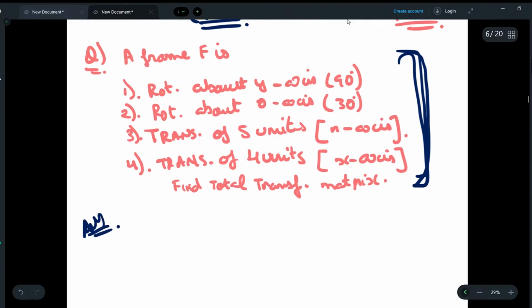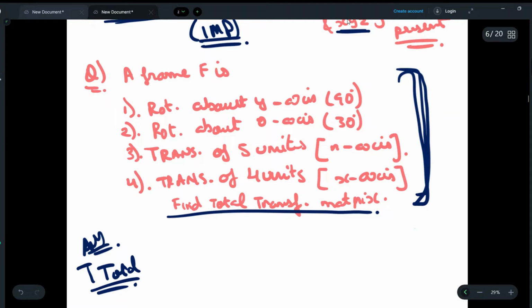We have to find the total transformation matrix, that is T total, according to the question. The question says that a frame F is given which is first rotated about the y-axis by 90 degrees. Then secondly, it is rotated about the OX axis by 30 degrees.